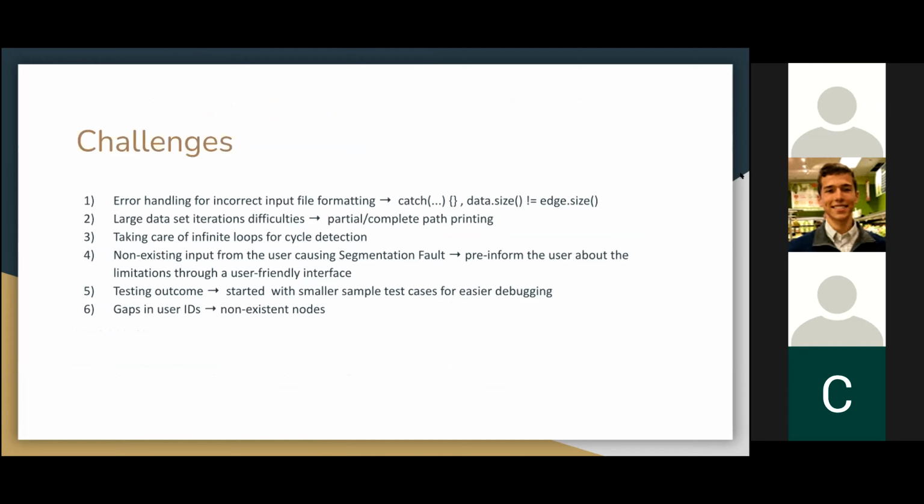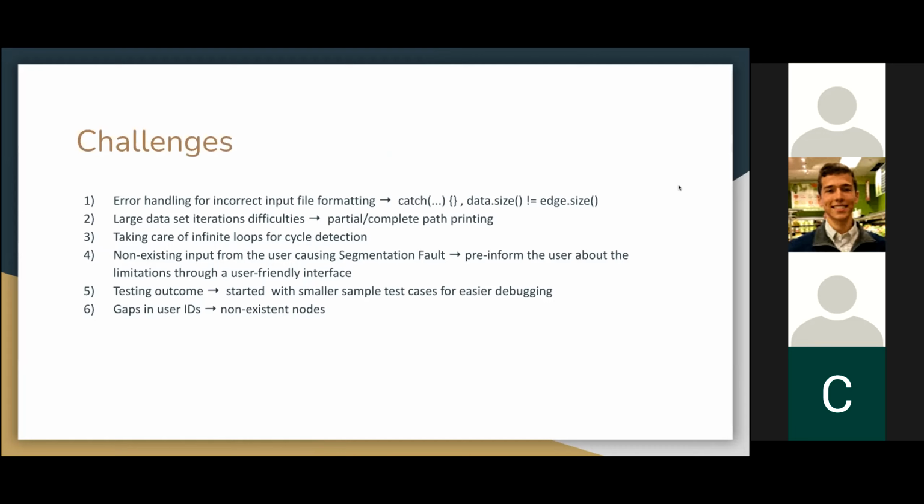Here are some challenges that we encountered. First, for error handling of incorrect input file formatting, we had to use catch, and we compared data size with edge size. If not equal, then we created a warning. For the large data set iteration difficulties, like I said, for DFS, we created partial and complete path printing.